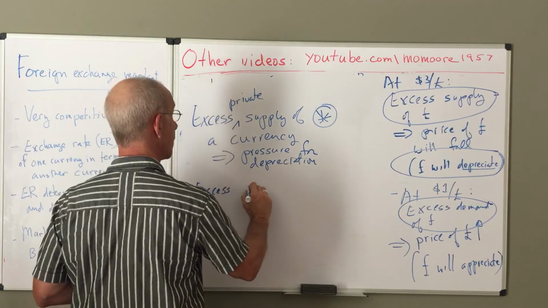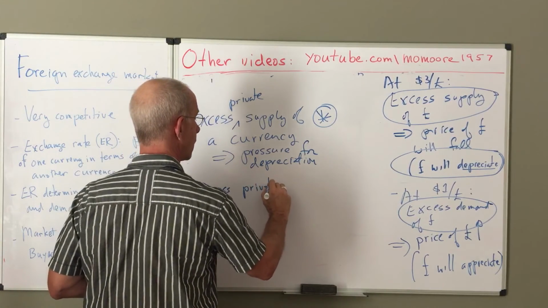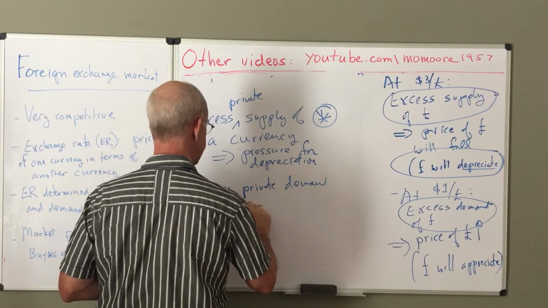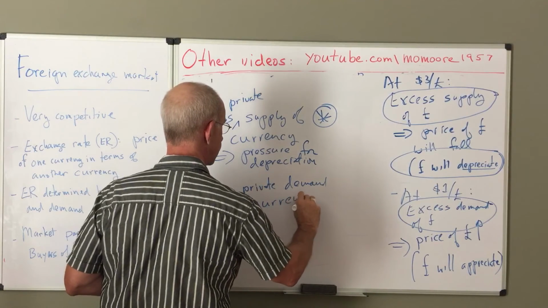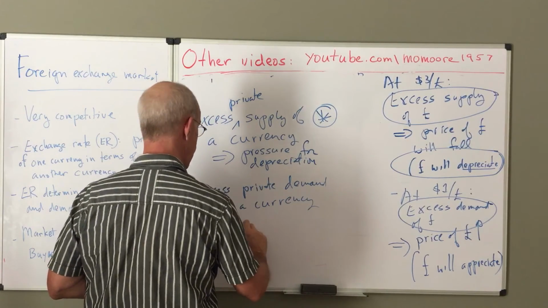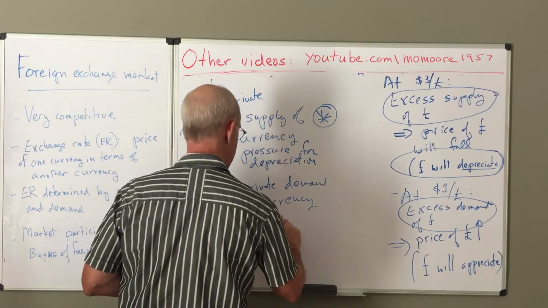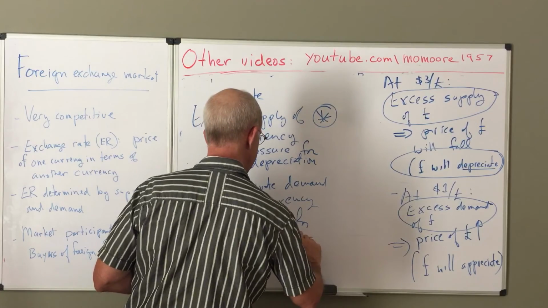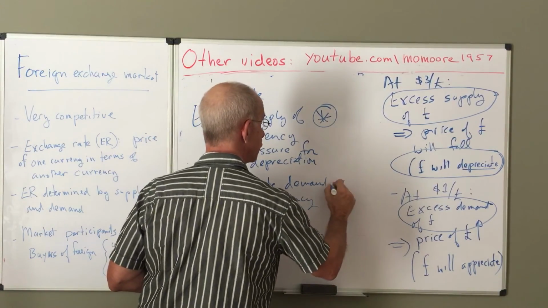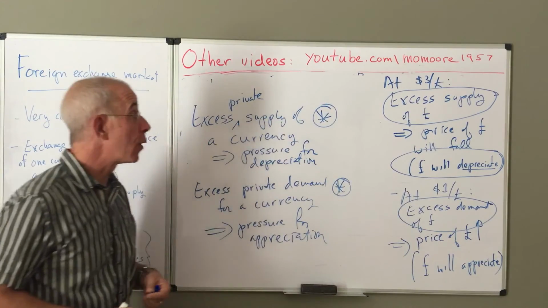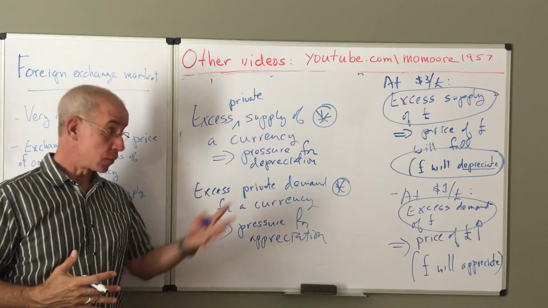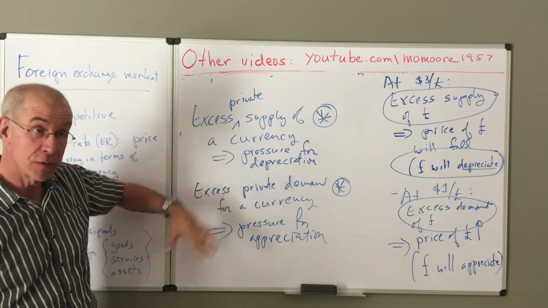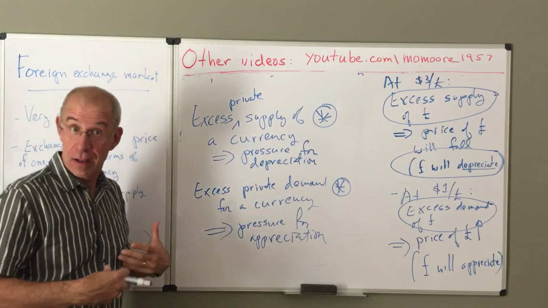Excess private demand for a currency causes pressure for appreciation. Just as important. Now, in a flexible exchange rate system, which we've talked about right now, these pressures for depreciation or appreciation, depending on the situation, are allowed to occur.